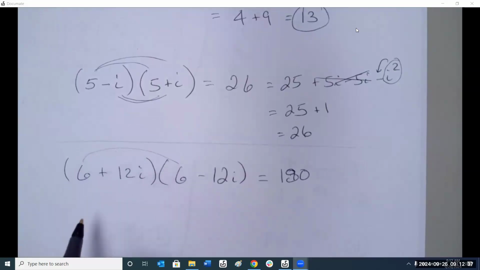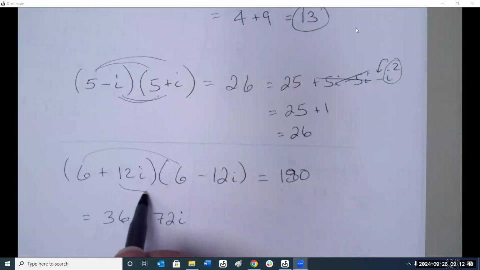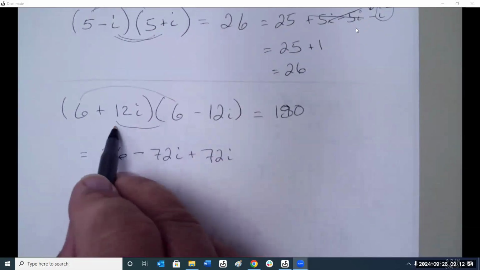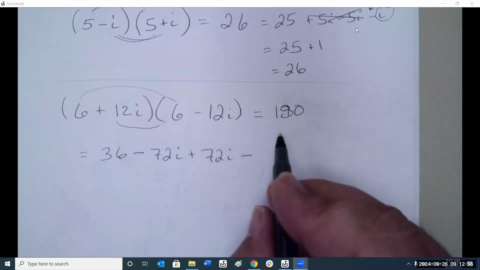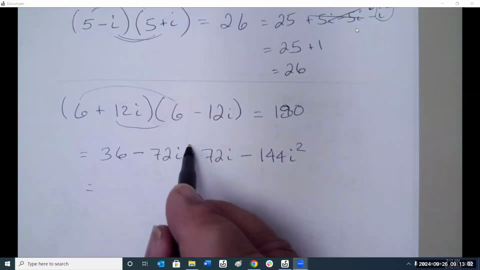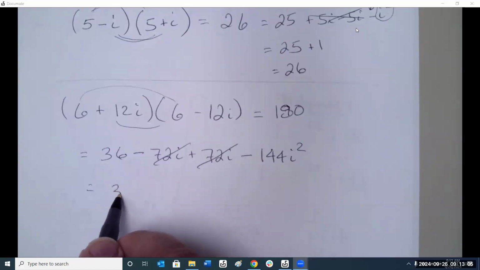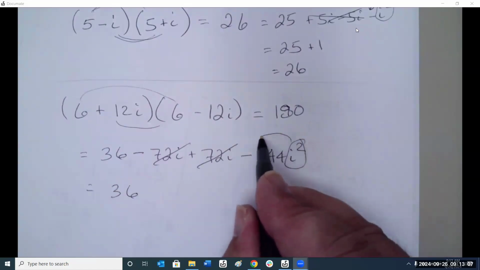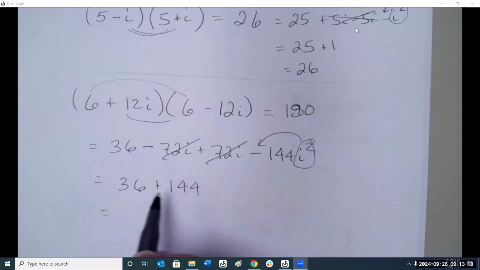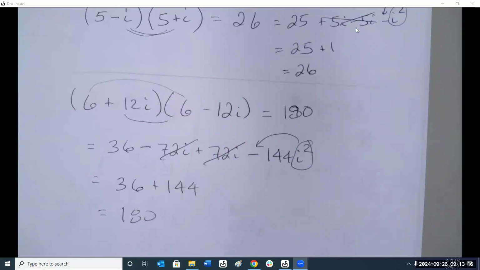Let's see. 6 times 6 is 36. Positive, negative. 6 times 12 is 72. Positive, positive. 12 times 6 is 72. Positive, negative is negative. 12 times 12 is 144i squared. The middle terms cancel. That becomes a plus. 144 plus 36 is 180.